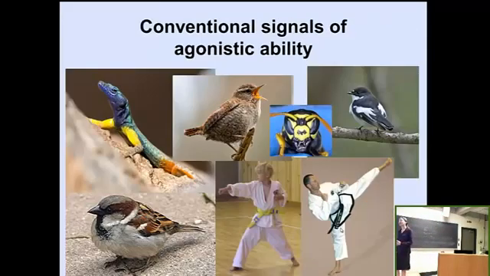But paper wasp facial patterns fall into a different category of signals of fighting ability, often called conventional signals of fighting ability. With these signals, there's no inherent link between the signal phenotype and the information being conveyed. A great example of this is karate belt color.